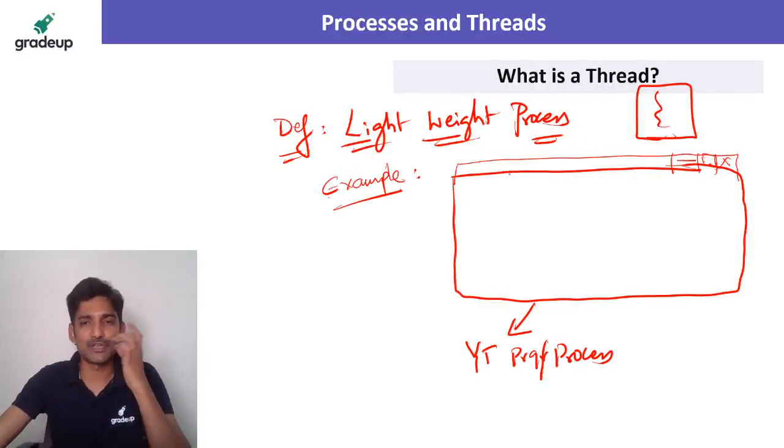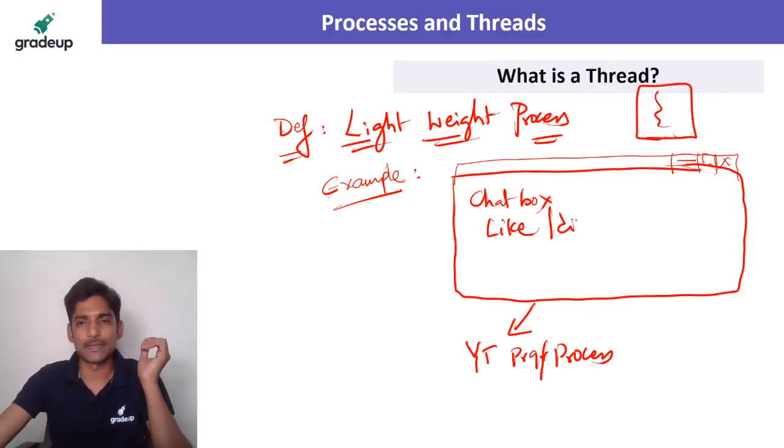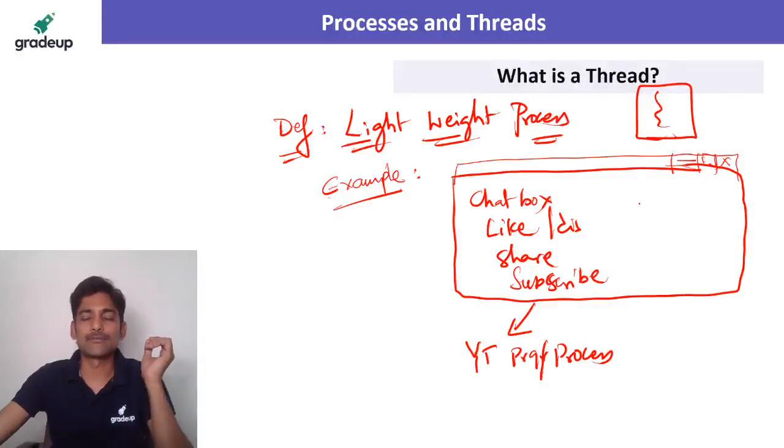Now in this process, if you observe, you have a chat box, right? You have a like button, you have a dislike button, you have share button, you have subscribe button, and you have some other options to make this chatting. And you have mute button, voice control button, volume button, and you have full screen button.